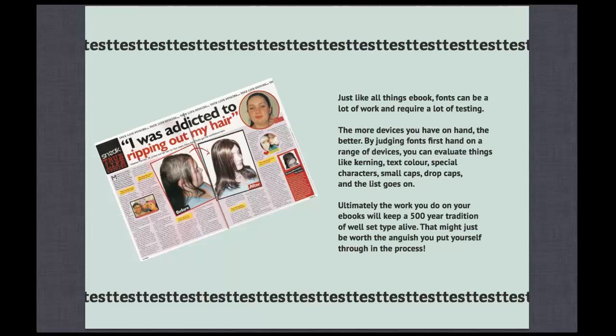If you find a font that you really like and you think could work for multiple titles, then just create a one-off and try that on as many devices as you can, and get a feel for how the font looks, whether the kerning and tracking are good, how it lays out, what it looks like on the screen, whether or not it has those special characters that you need, small caps, drop caps, all of that stuff.